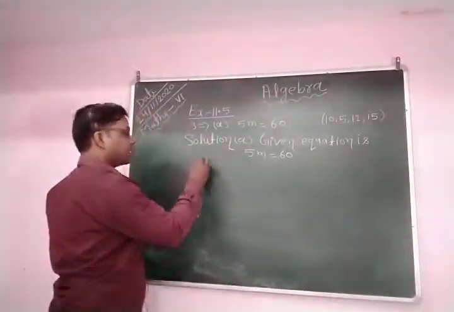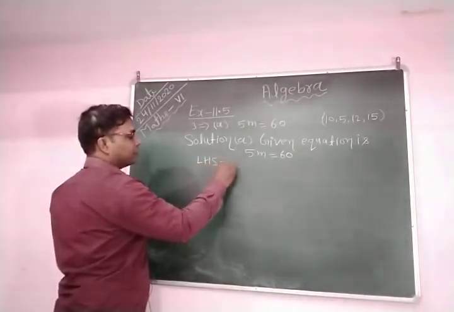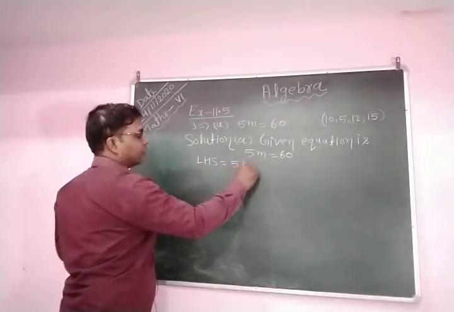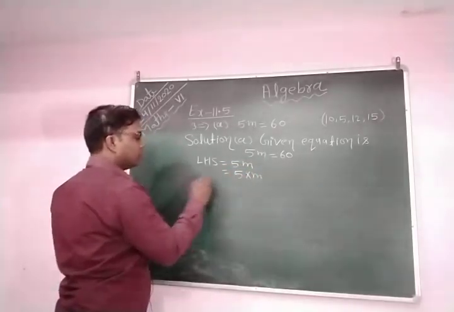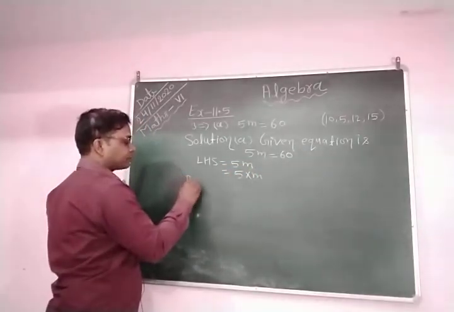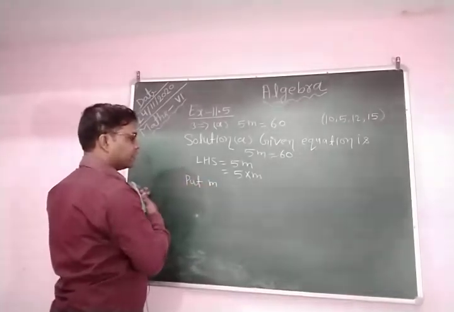Now here again we write left hand side equal to 5m, or you can write it as 5 into m. Now we put m = 5, the second option.